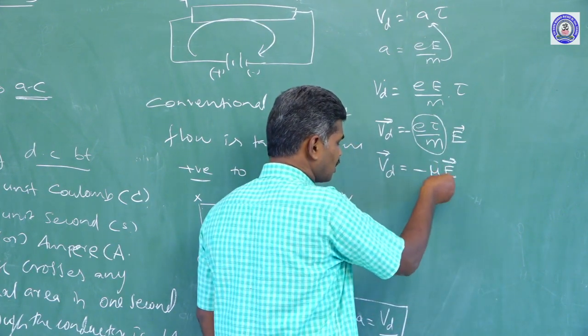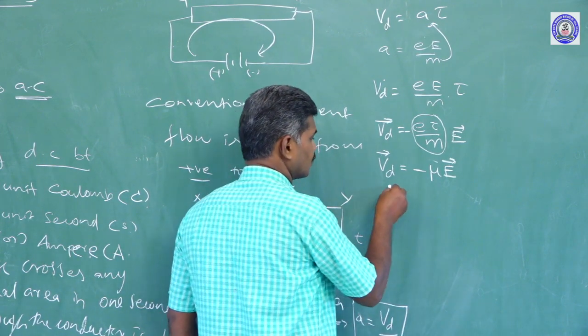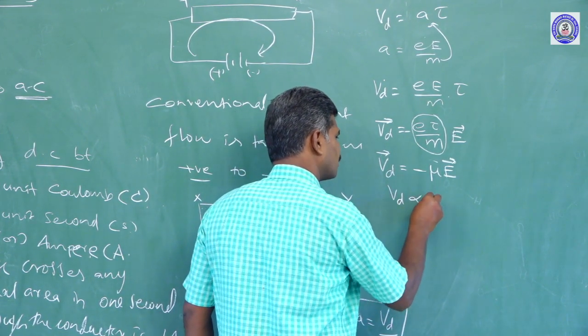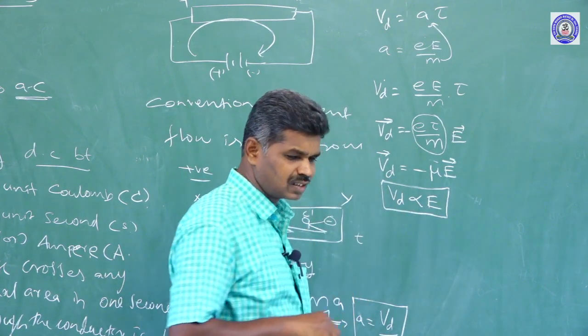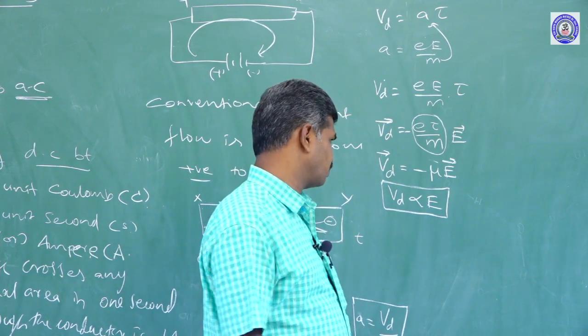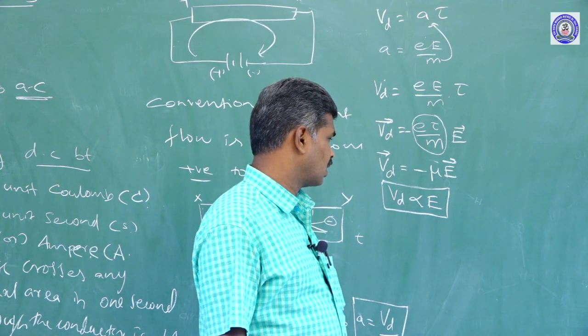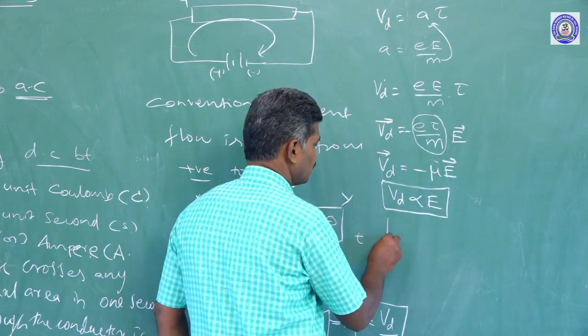It is a constant at a given temperature. So, Vd is proportional to E. The drift velocity of the electron is directly proportional to the applied electric field. Then mu is nothing but the mobility.